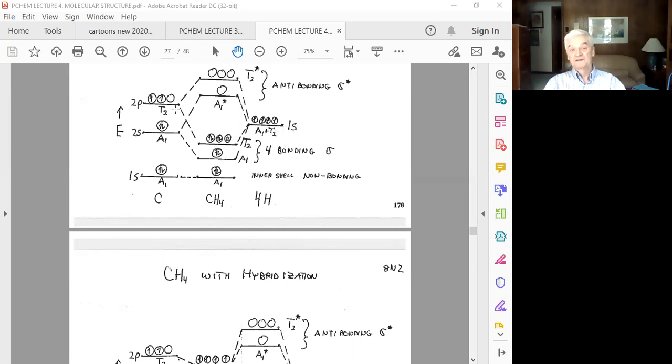The p orbitals on carbon are triply degenerate, and I think you already knew that. Atomic carbon has 3 equivalent p orbitals, which one can call px, py, and pz. So they have exactly the same energy, but they can have different combinations to give you different symmetries. But they combine with a T2 set from the 1s, and we get 3 equivalent degenerate orbitals on methane.